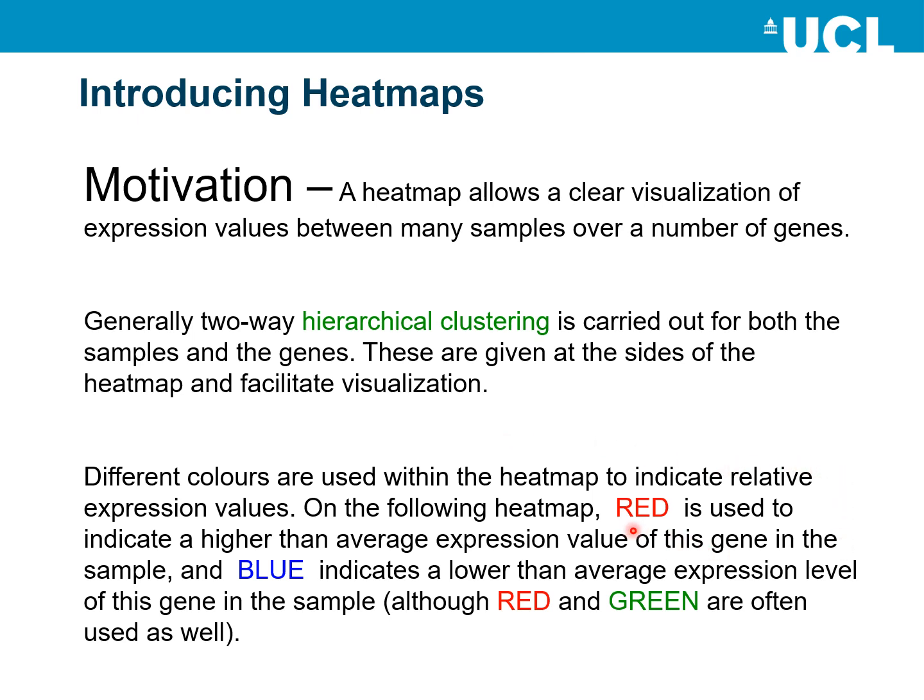High expressed genes in samples are shown with red, and low expressed ones with blue. Often red-green are used, but red-blue is better in terms of colour blindness.